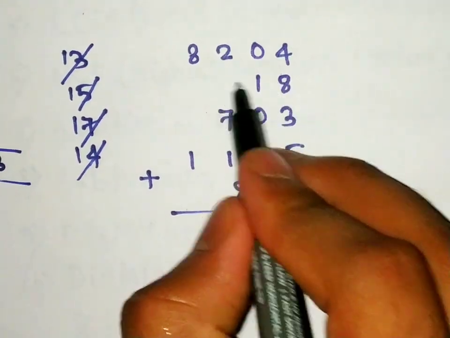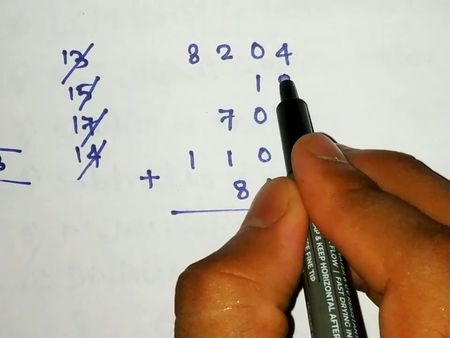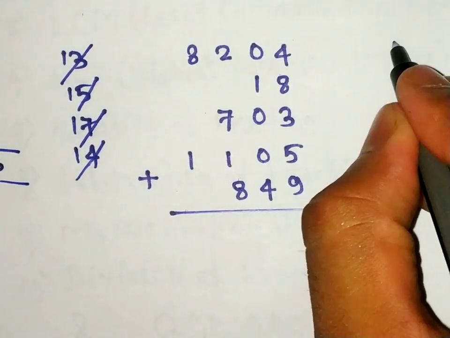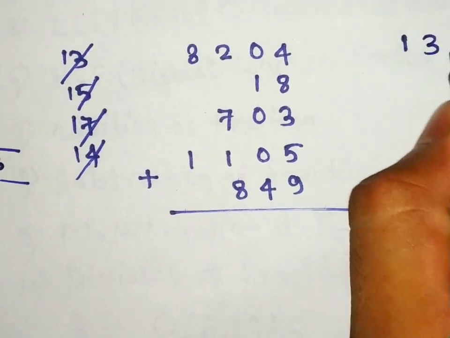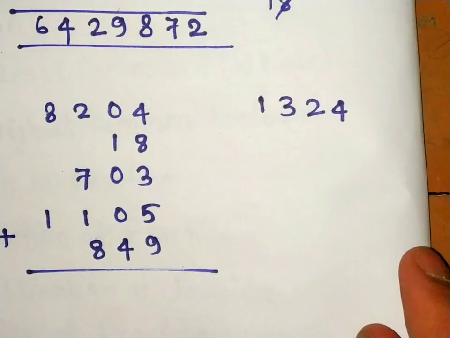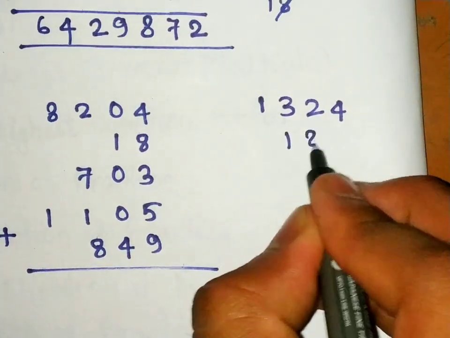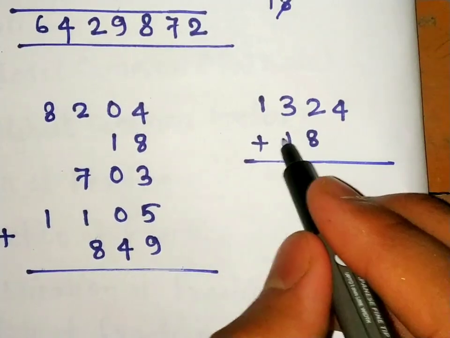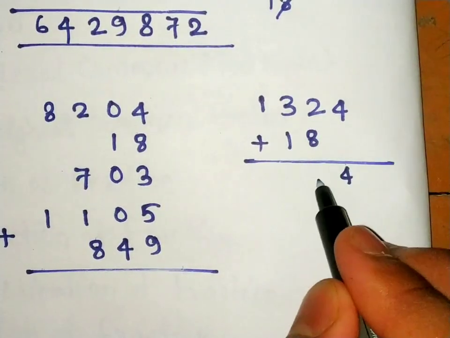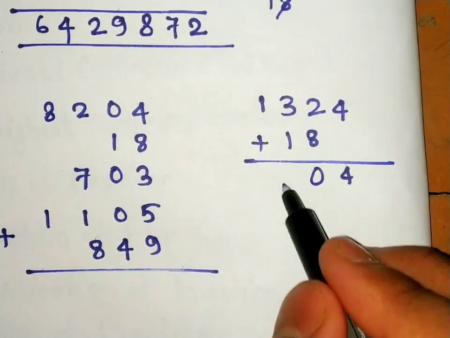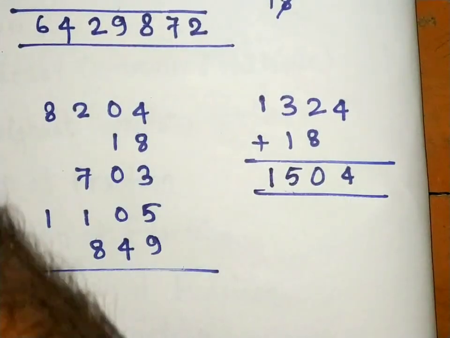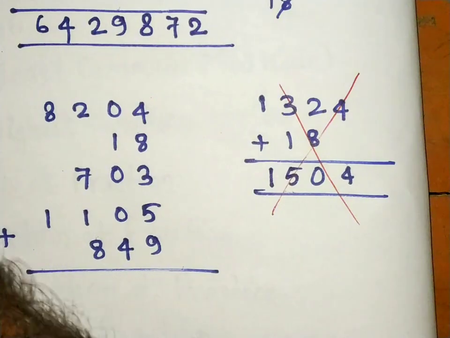Okay, don't write it like that, 8 here, 1 here, and never leave it empty. Somewhere you can see like 132418, and anyone can say that is added. So you can't add like this: 2 plus 8 will be 10, 0 with 1 carry, 3 plus 1 is 4 with 1 carry is 5, 1 is 1. That is a completely wrong method. Okay, that is wrong. What will you write?